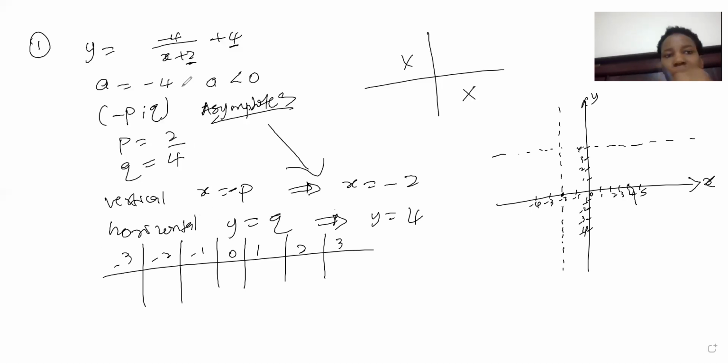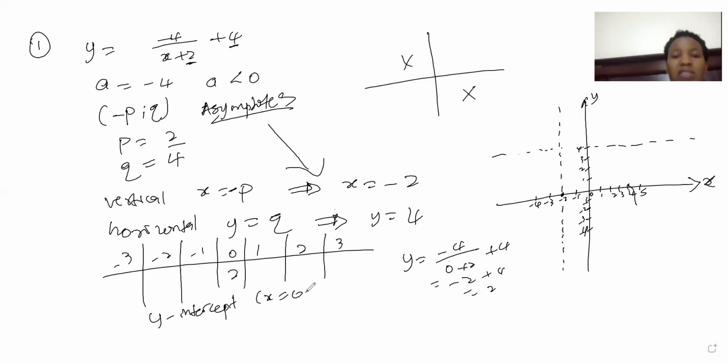If we substitute 0 here, negative 4 over 0 plus 2, plus 4, we get negative 2 plus 4, which is 2. So for 0, we get 2. If we put 1 here, we're going to have 4 over 3, so it becomes complicated.